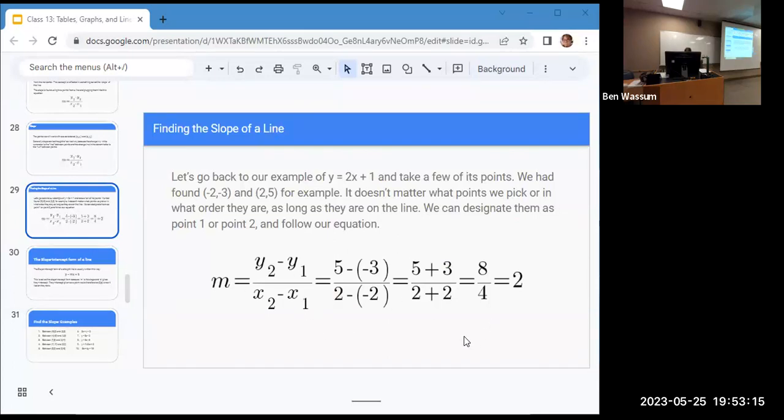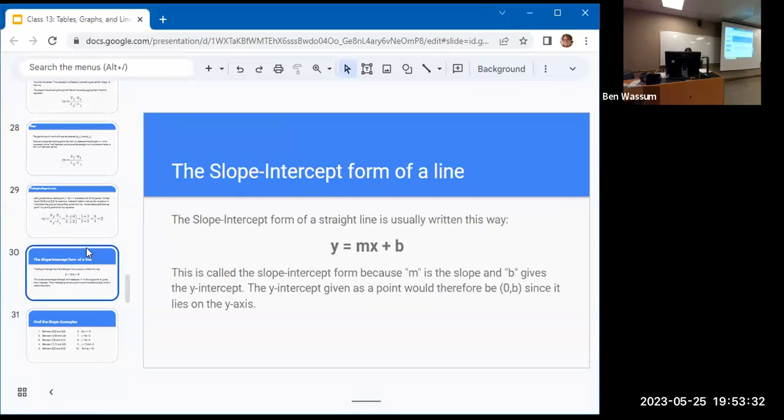Now we actually use this concept, the slope, in our other form of the line. We covered standard form, which is ax plus by is equal to c. For the next idea, we use the slope intercept form of a line. Now, personally, 90% of the time when I'm graphing lines, this is what I'm going to be using.